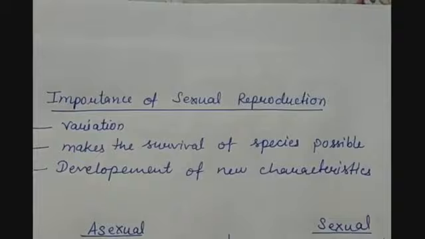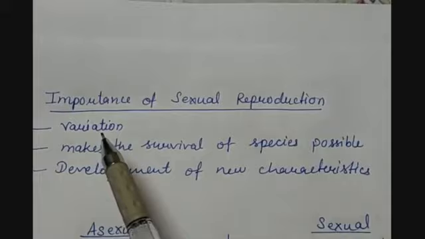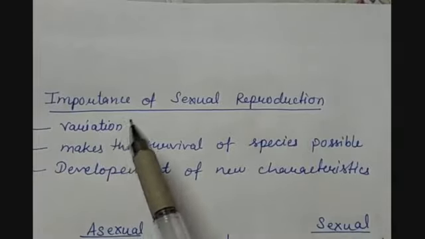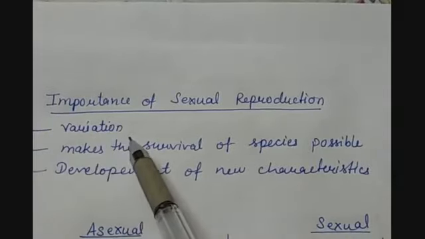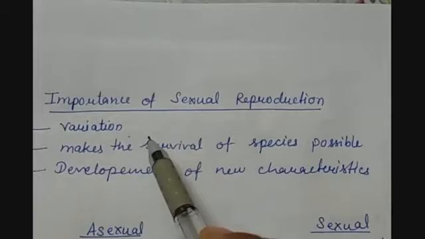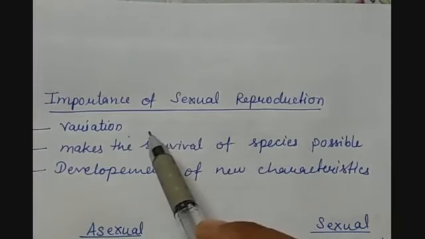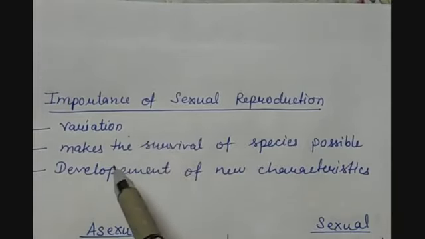Now let us understand the importance of sexual reproduction. We know that in sexual reproduction, because two different sex cells fuse together, they provide variations in the DNA. That means the characteristics would be different from the parent cells.